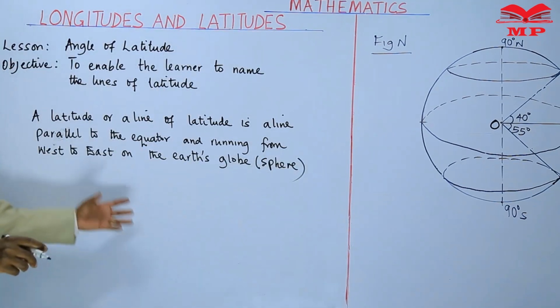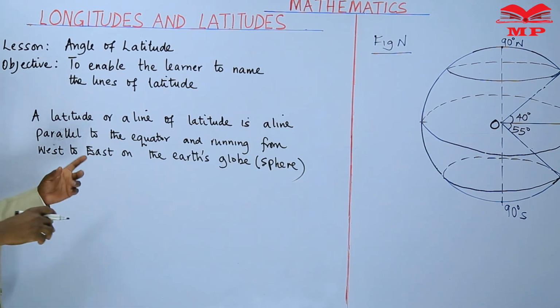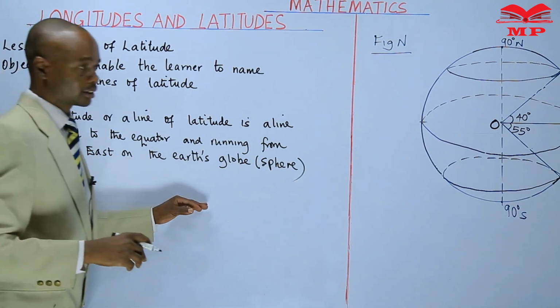So just to reiterate, a latitude, or a line of latitude, is a line parallel to the equator and running from west to east on the Earth's globe.